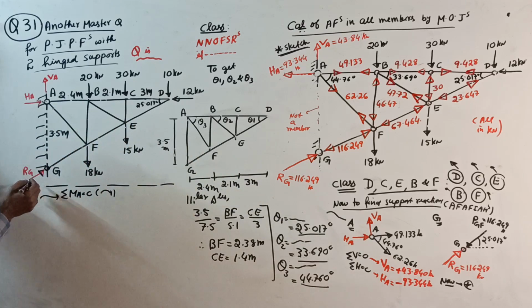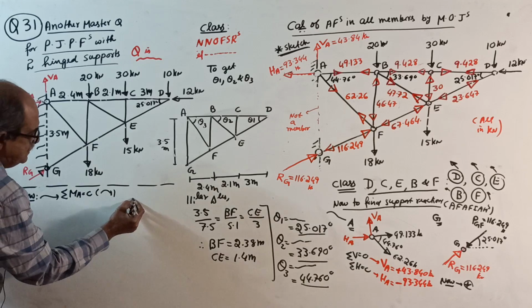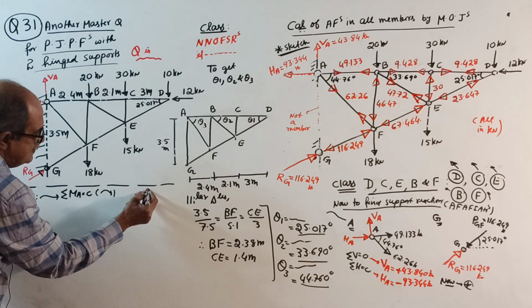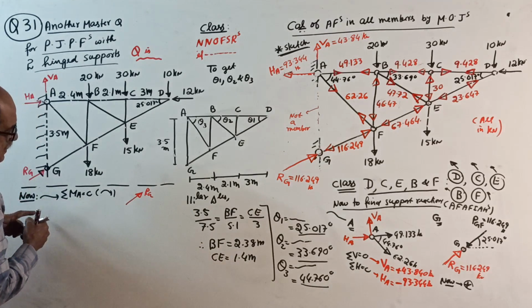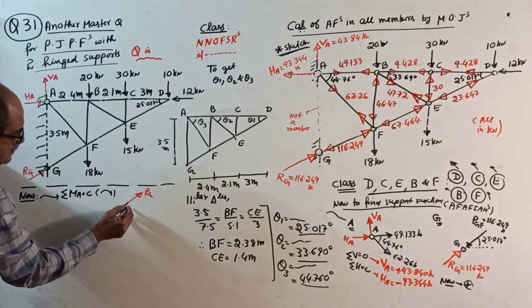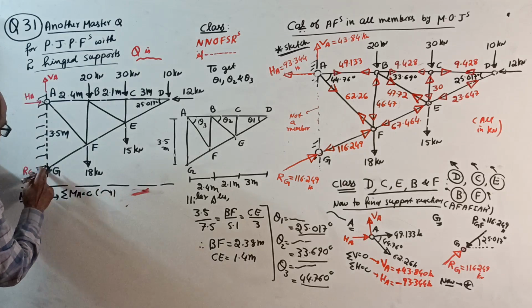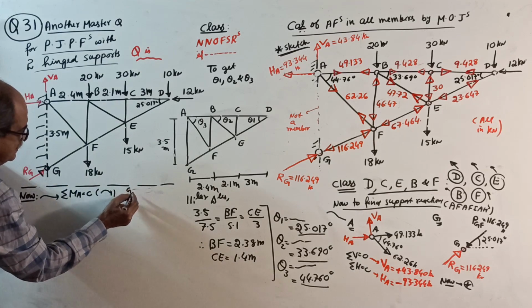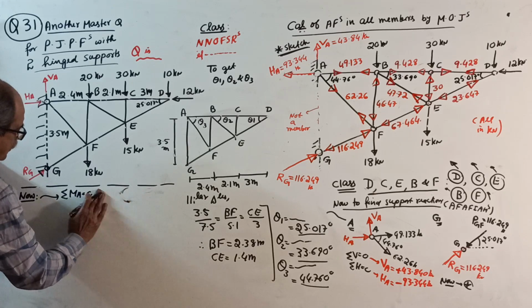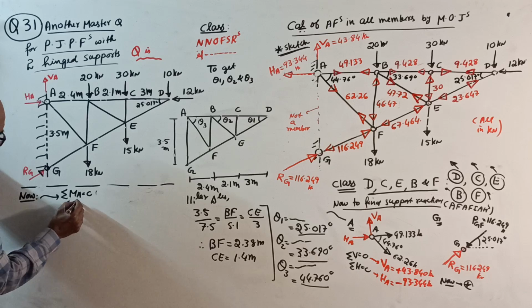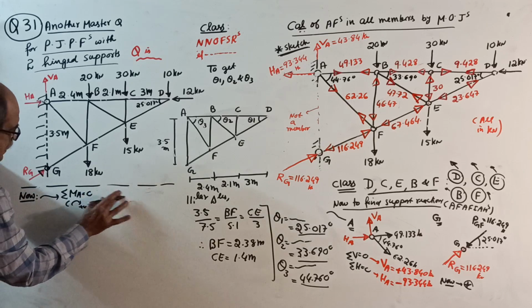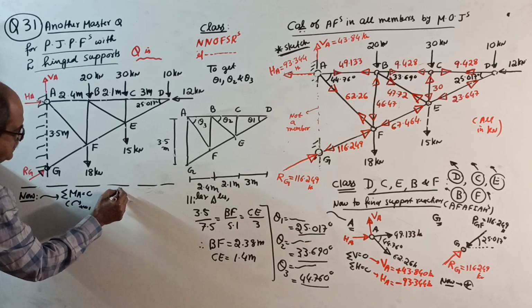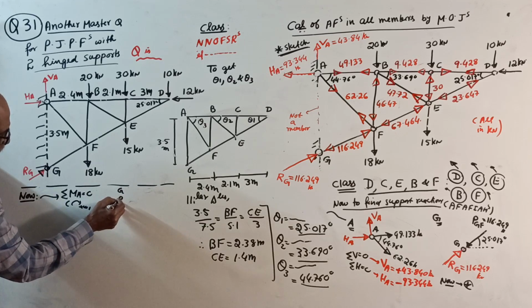Or you can do one thing. This RG is like this. At the point G, make a note, clockwise positive. Your RG is like this.